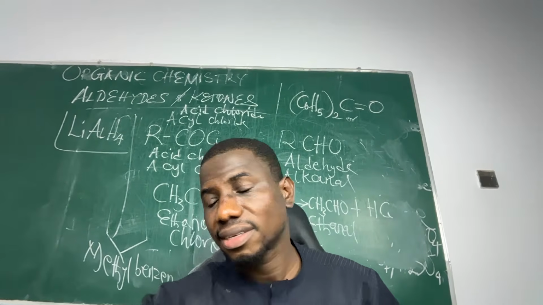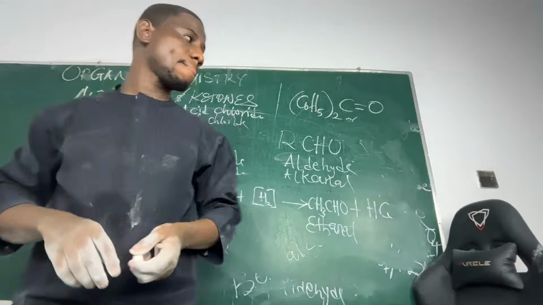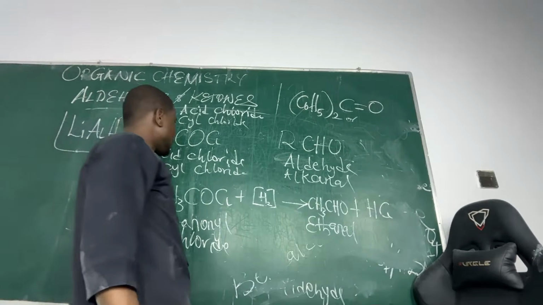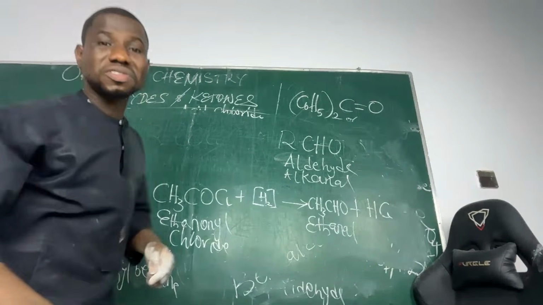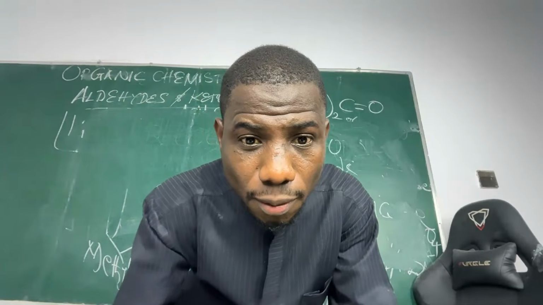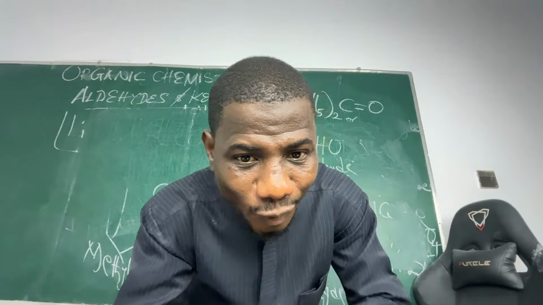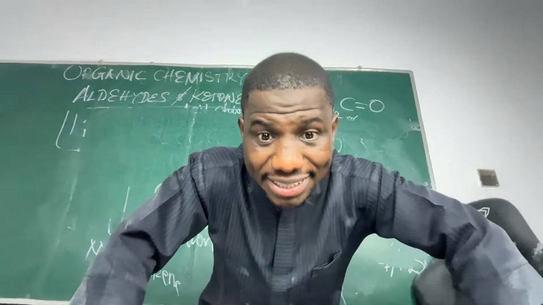Have you written that? Look at how to recognize a secondary alkanol. Once you start seeing something like propan-2-ol, butan-2-ol, pentan-3-ol, those things are secondary alkanols.